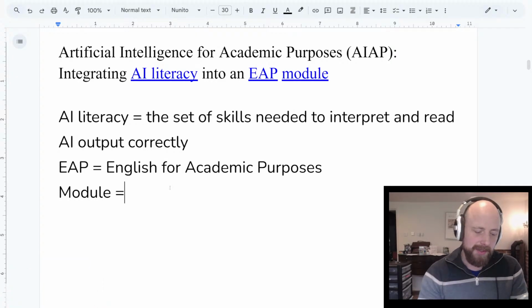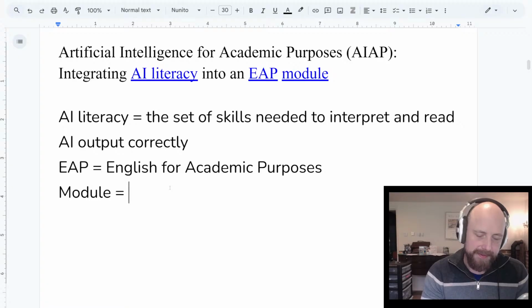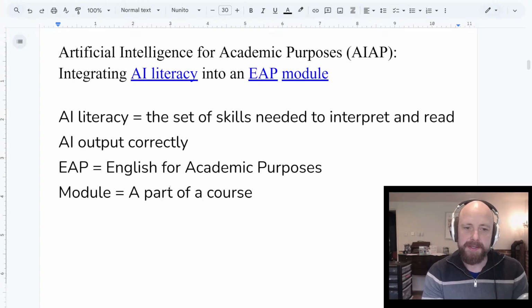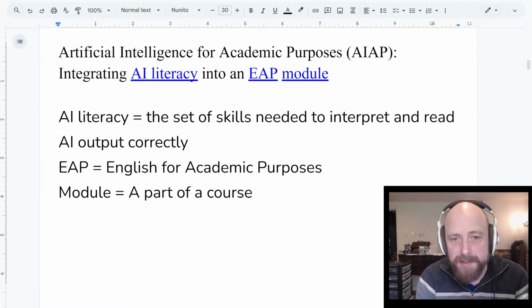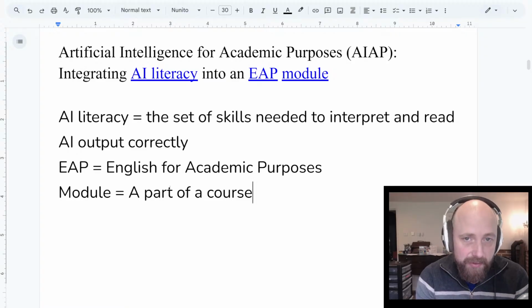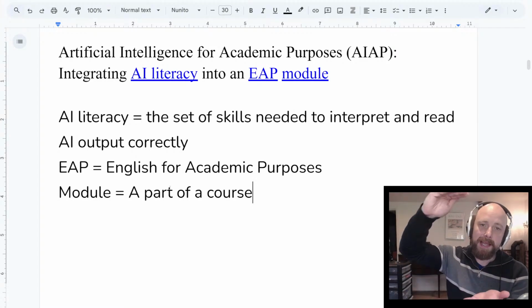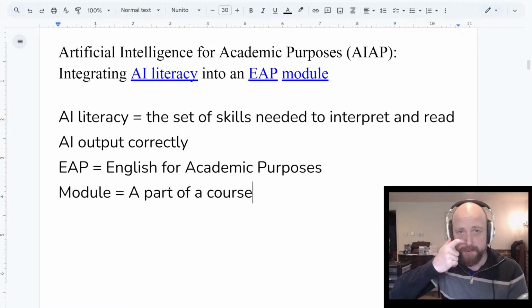So a module is actually a part of a course. So when you complete a course, the course consists of modules. And for each of the modules, you often obtain a grade or a score, and then your total score for the course is a collection of all of those module scores.